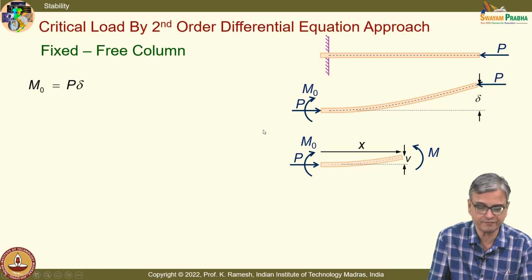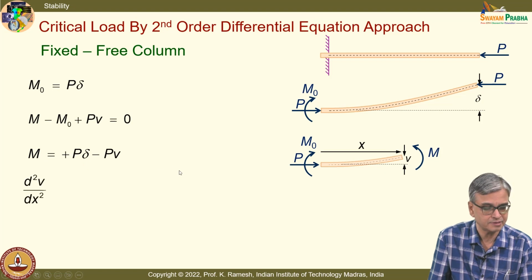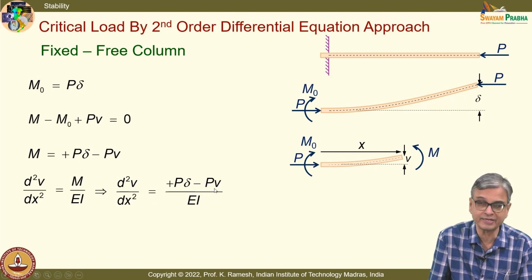If you write for this free body diagram, M minus M naught plus Pv equal to 0. So, this reduces to M equal to P delta minus Pv, and then you have d squared v by dx squared equal to M by EI, which we have learnt in deflection. So, d squared v by dx squared equal to P delta minus Pv divided by EI.